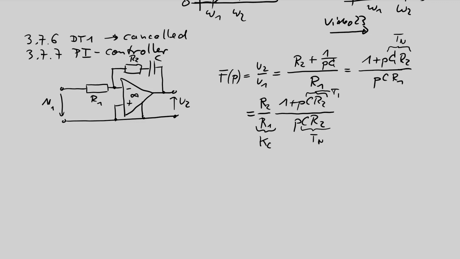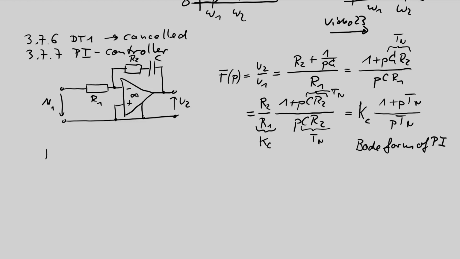Now this is Tn. So that we finally have the controller gain times (1 plus pTn) divided by pTn. That is one of the well-known forms, the Bode form of the PI controller.